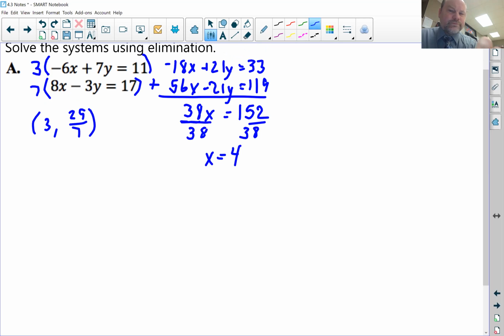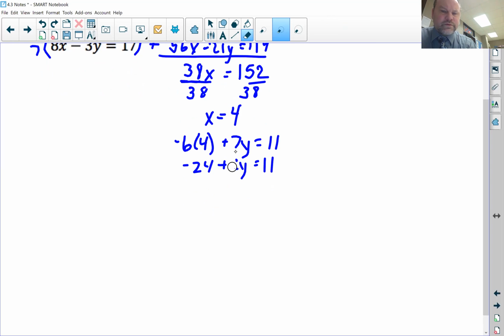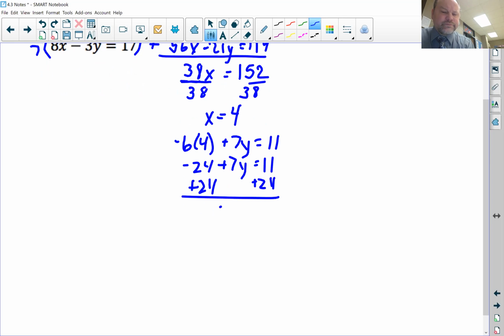And x would equal 4. Add 24 to both sides. Divide by 7.